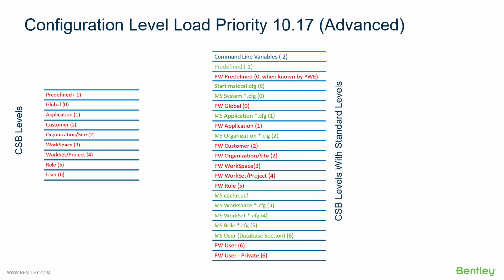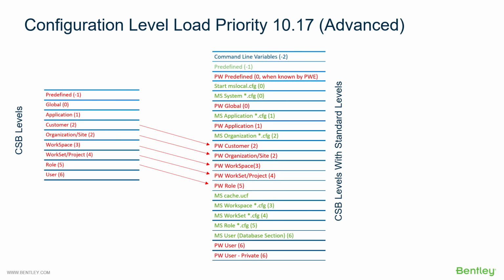Significant changes were made to the MS config file for the 1017-based products. This was to account for the managed configuration capabilities. So let's take a look and see what those differences are. The process is exactly the same until we get down to the cache UCF file. At this point, the user level is encountered.